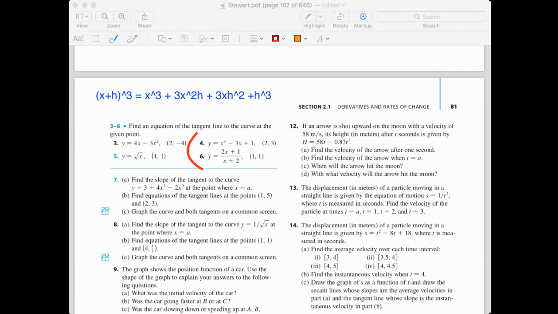JavokHir. I'm sorry, I don't know how to pronounce your name. Pandy. Karishima. Anna.